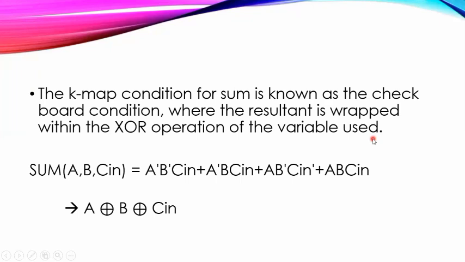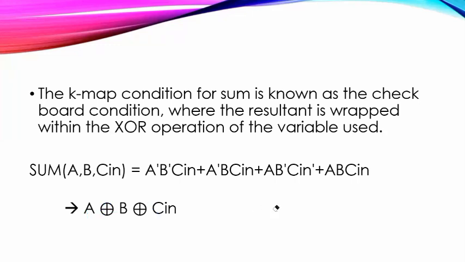So whatever the variables are used, merge it or wrap it in the form of XOR. There are only 3 variables which we have used, A, B, and C. So A, B, and C with the XOR in between, which is being wrapped together.